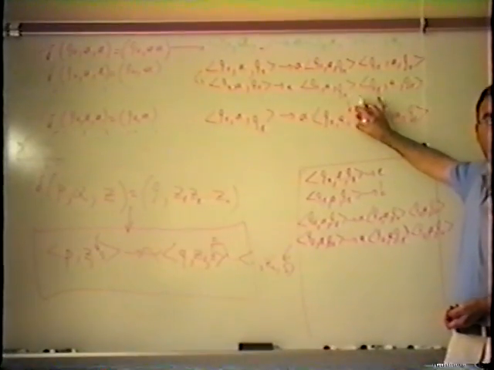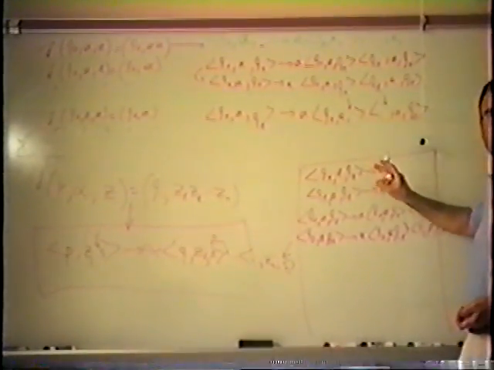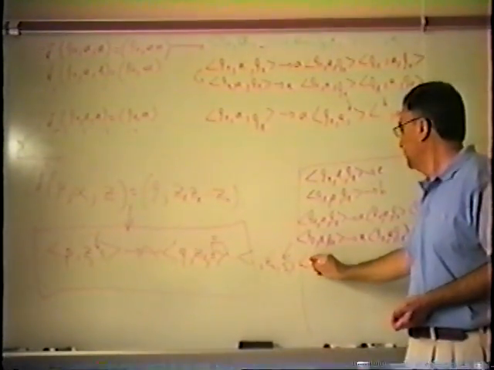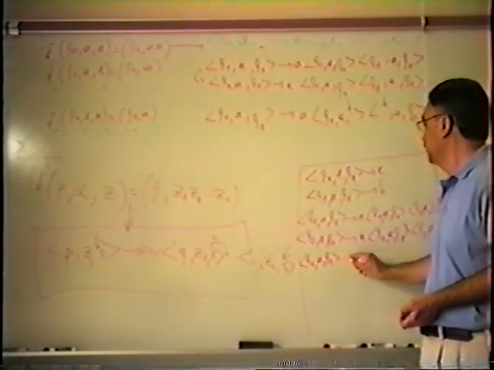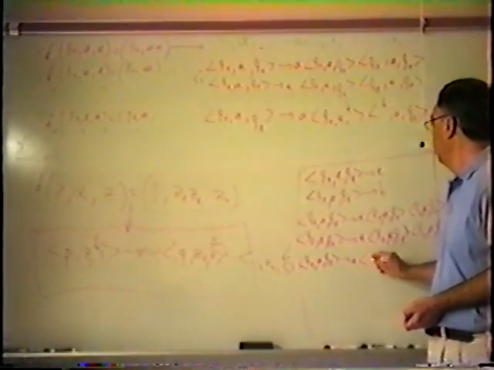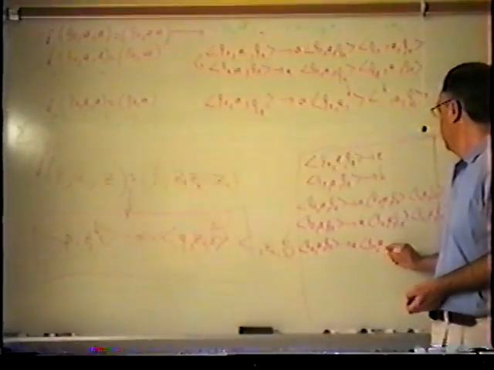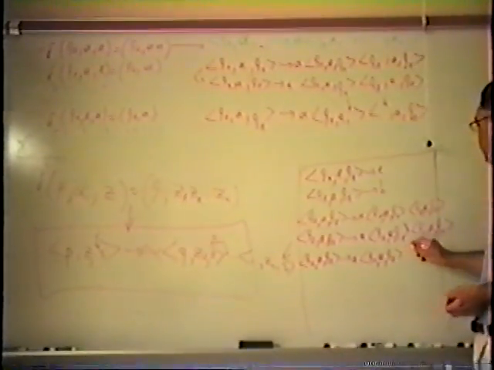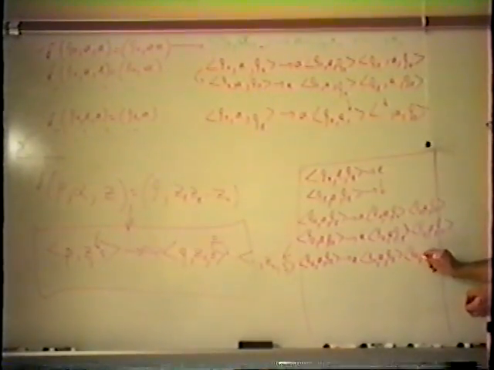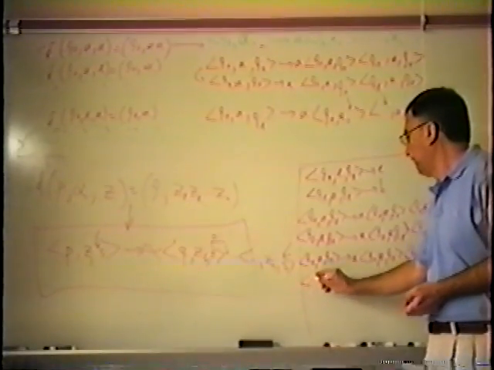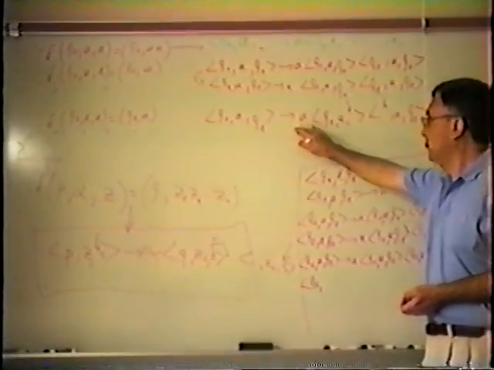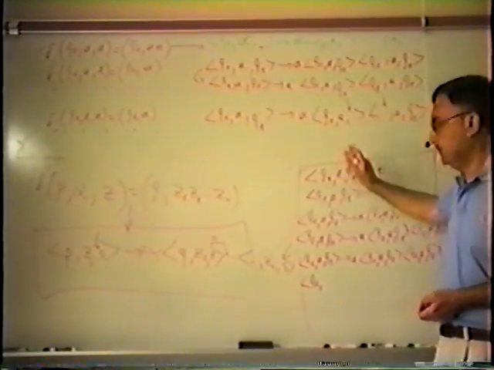And I'll get two rules here, one for Q0 and one for Q1. I'll take it, put Q1 in this position.